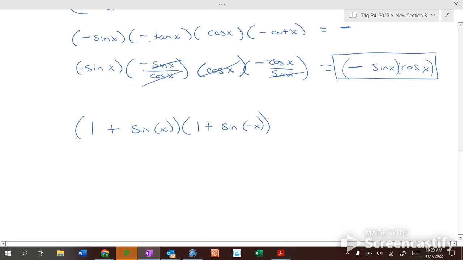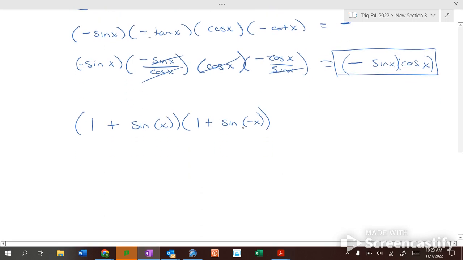FOIL. Okay? But before we FOIL, I have to take care of my negative inside my parentheses first, because these are not the same. And I can't FOIL two things that aren't the same. So this is 1 plus the sine of x. This is 1 minus the sine of x, because the negative x on sine comes out.